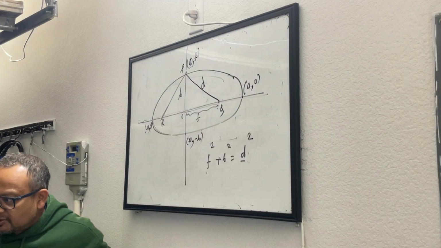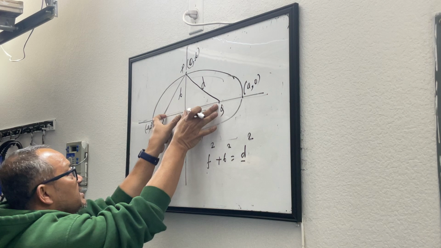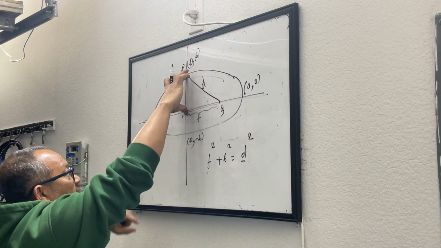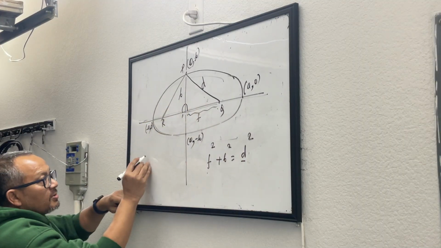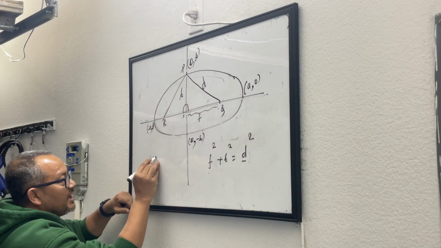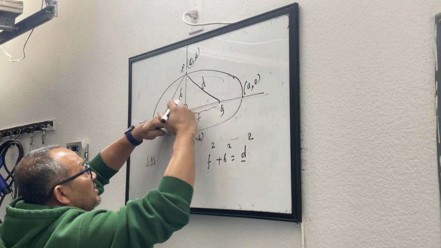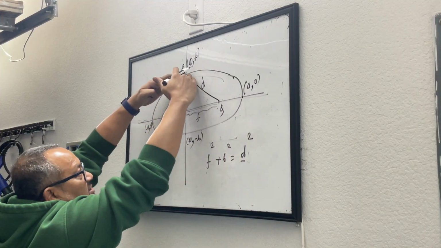Does that sound agreeable? Because these 2 points are symmetric, meaning this distance and this distance are same. This is common anyways, and this angle is 90 degrees. So if you apply the theorem of congruence, which is SAS, 2 sides and the angle between them, this side and this side are equal. This is common anyways, and both are 90 degrees. So these 2 sides will be the same.